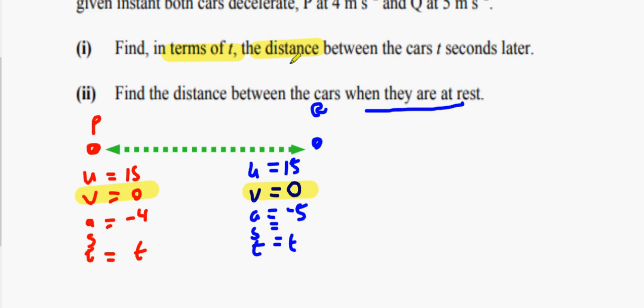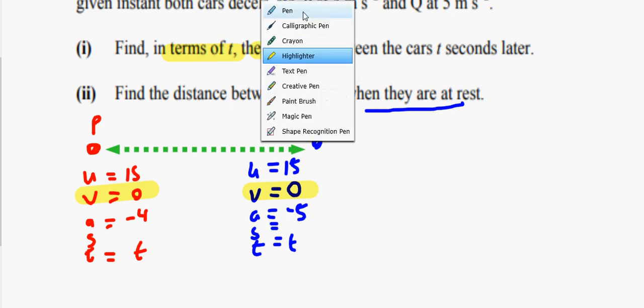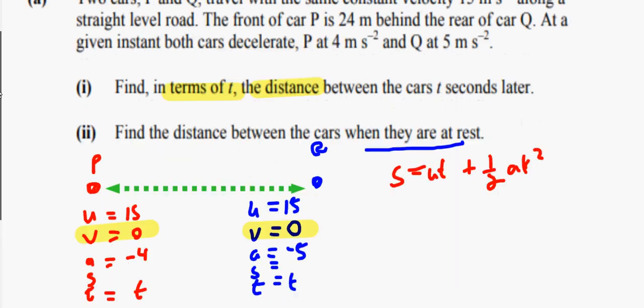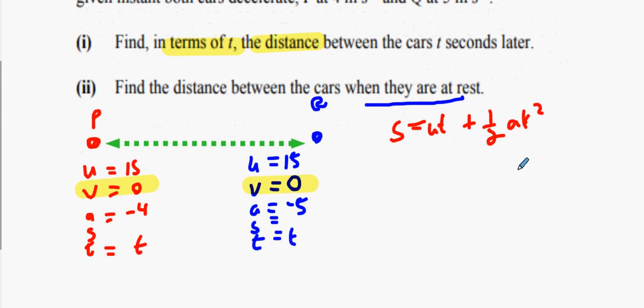Distance. What formula usually gives us distance quite handy? Yeah, ut plus a half at squared would be a good way to go. Okay. Now, which one's the car that's behind? Oh yeah, that's P and that's Q. So let's go for S subscript P, which is 15T plus a half times minus 4 times T squared.